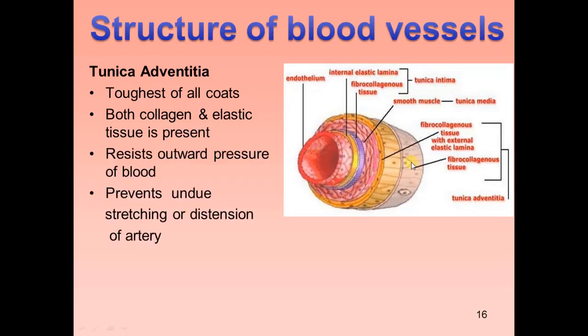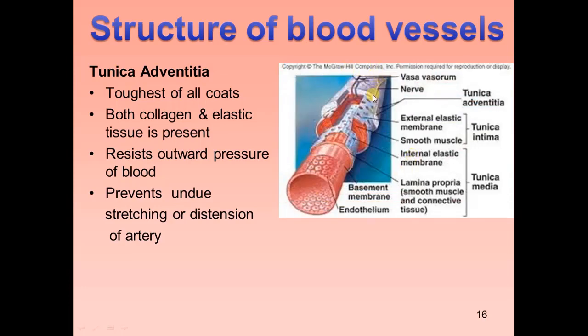They are mainly responsible for resisting outward pressure, because the blood flowing inside the lumen tends to exert pressure on the wall of these blood vessels. That will be resisted by the tunica adventitia, thereby preventing undue stretching. Otherwise, it might lead to rupture of these vessels.